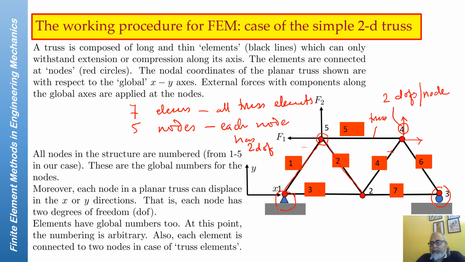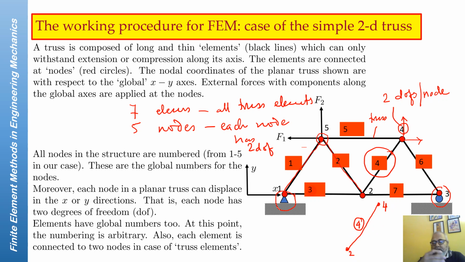Let us start by taking one single element out of this and drawing its free body diagram. Let us take this element out. We could have taken any other. So when you take this element out, this is your element number 4, and then this is connected to 2 nodes which are labeled 4 and 2.